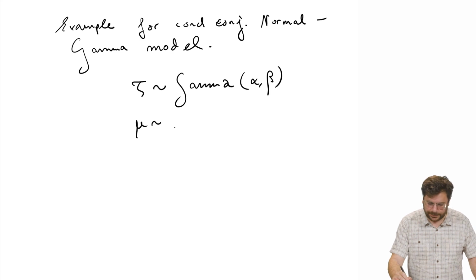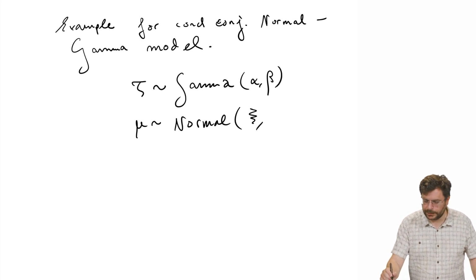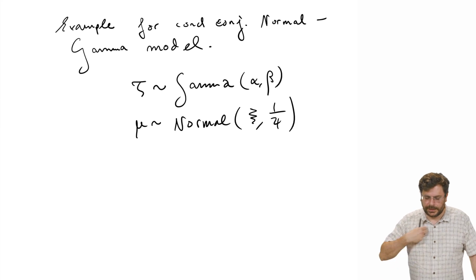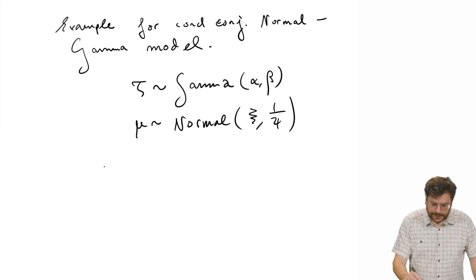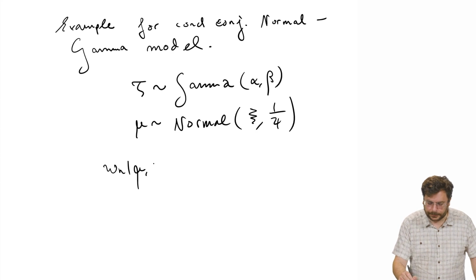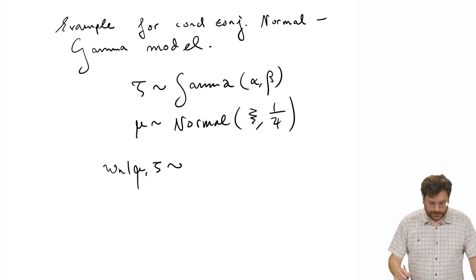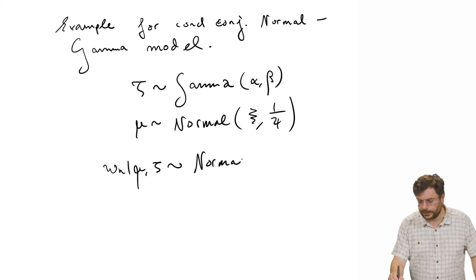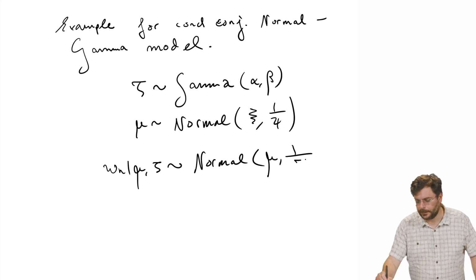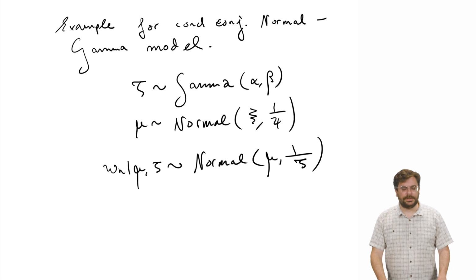The mean itself is drawn from a normal distribution with a mean xi and a precision psi. And finally, the data conditioned on mu and tau is simply drawn from a normal distribution with some mean mu and some precision tau.